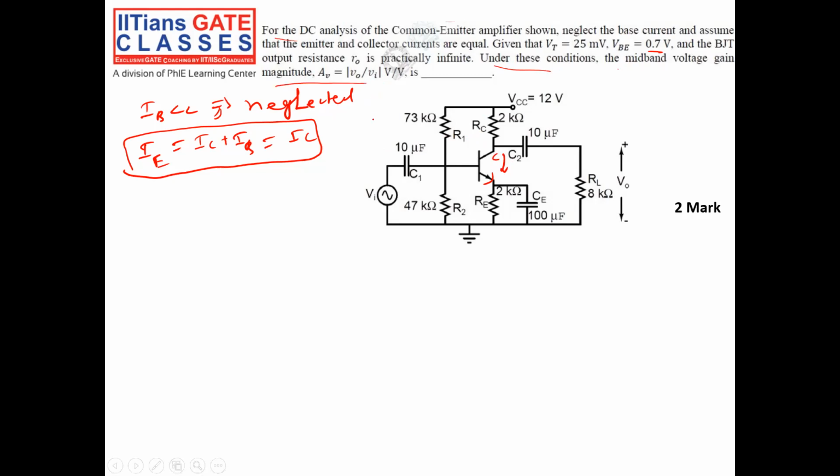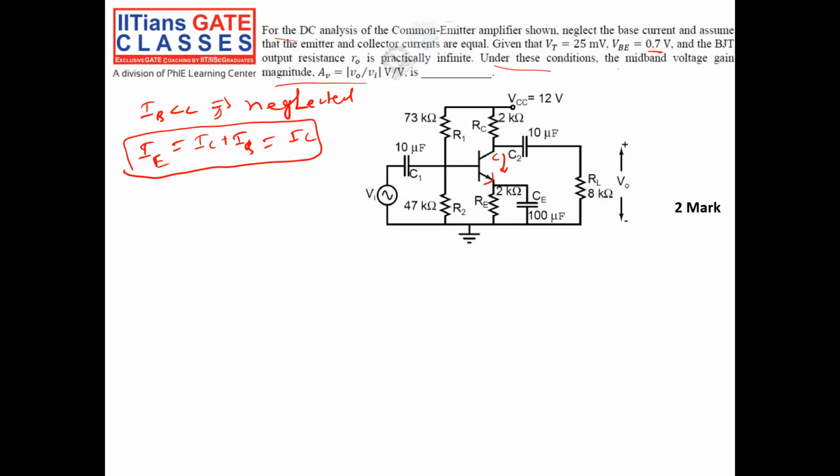Whenever we want to find the gain, we have to do the AC analysis. Then you have to draw the AC equivalent model, and we know the AC equivalent model parameters depend upon my DC values, right or not?